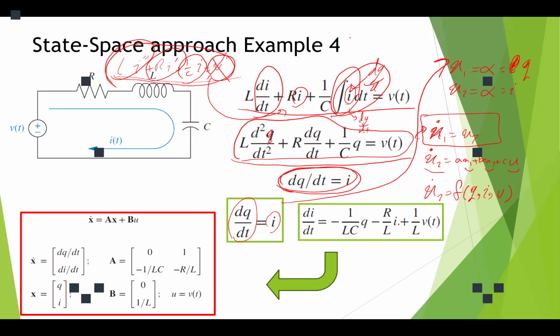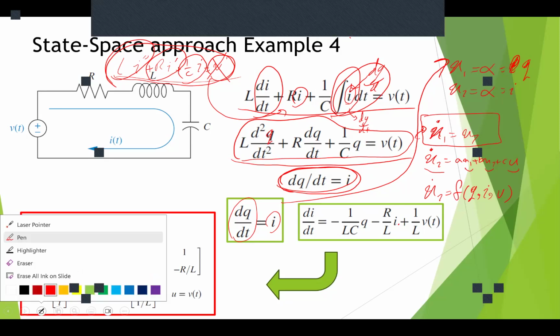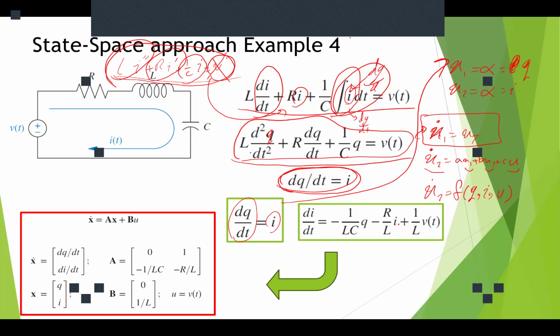So, basically, this term is di over dt. Are we good on that? What about this term? This is I. Now, do we need to change this term? No, because our goal is to have both state variables in our function, that f.